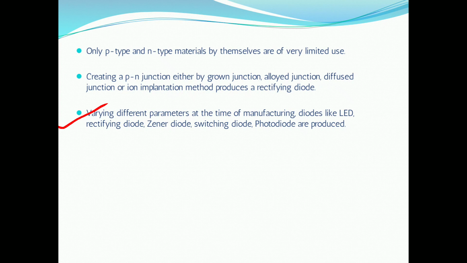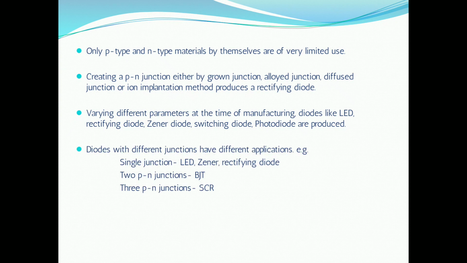So we can have different diode applications. The diode formed by different parameters could be an LED, a rectifying diode, a Zener diode, a switching diode, or a photodiode. So in short, by changing the parameters at the time of manufacturing, we can form different types of diode.